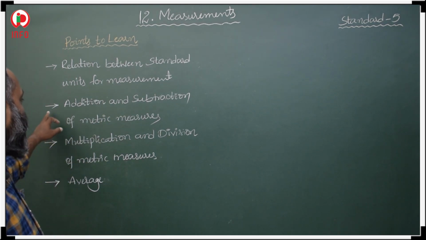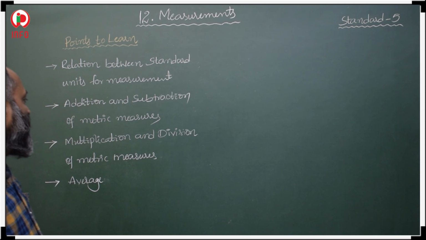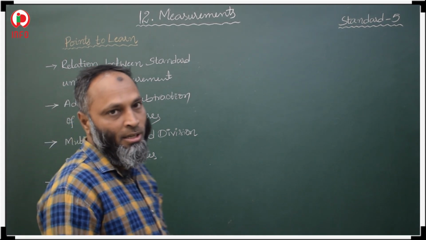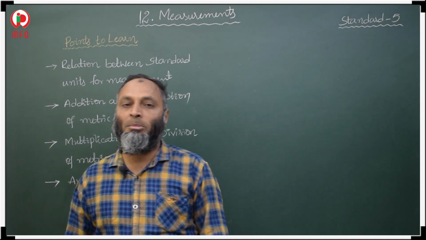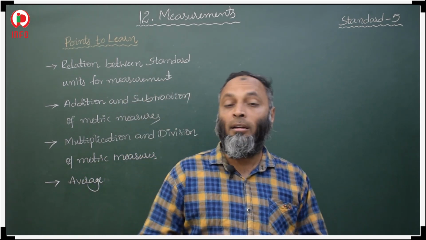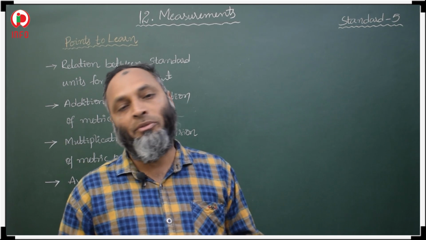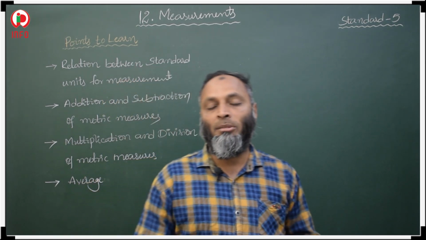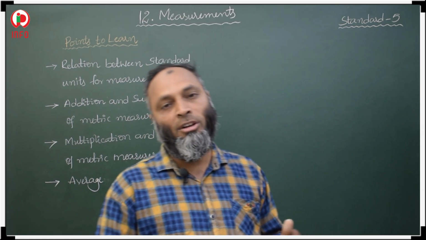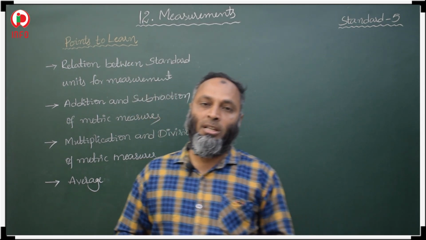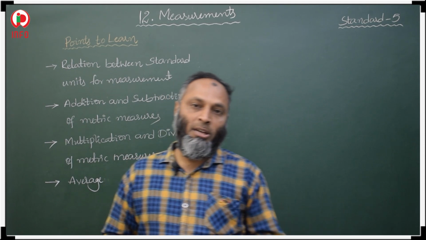The second concept is addition and subtraction of metric measures, how to add and how to subtract metric measurements. In the metric system, what measurements do we use to measure length, weight and capacity?